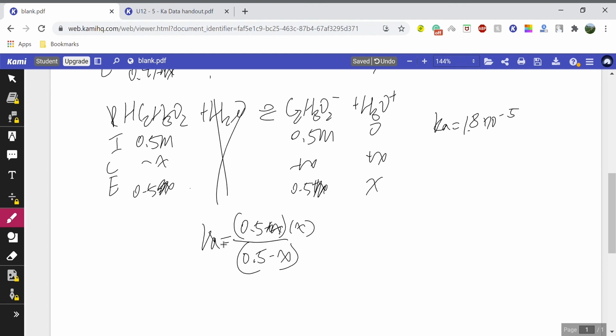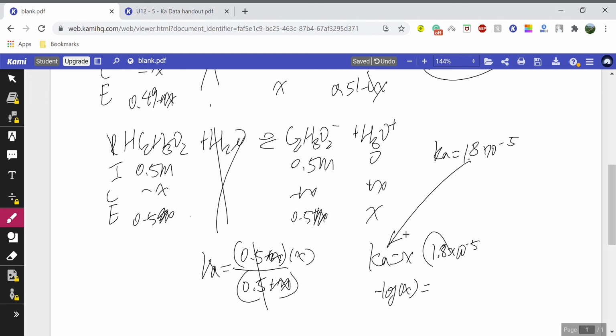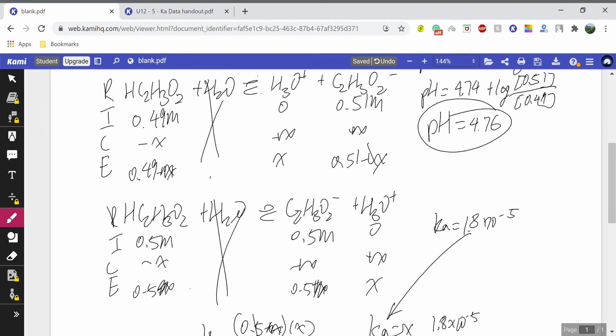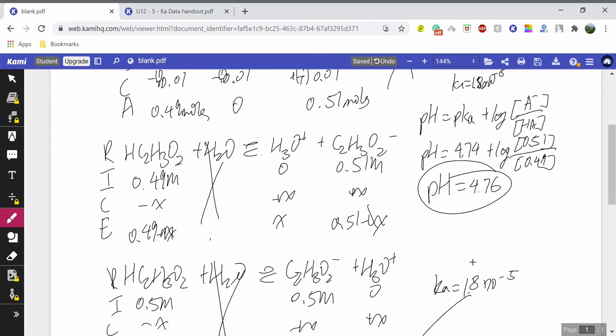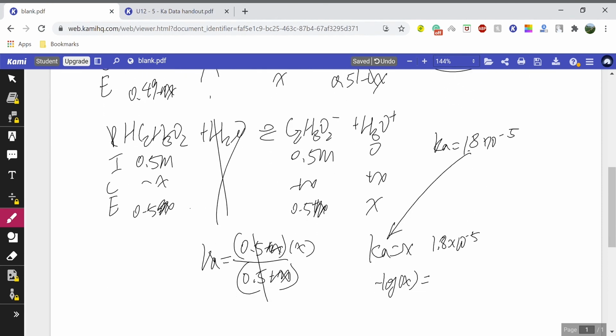Since the x's are removed, we have 0.5 divided by 0.5, which is 1, so we can cancel this out, leaving us with x. So Ka is equal to x, and our x is going to be 1.8 times 10 to the negative fifth. The negative log of our x gives us our pH, which is the same as our pKa above, 4.74.